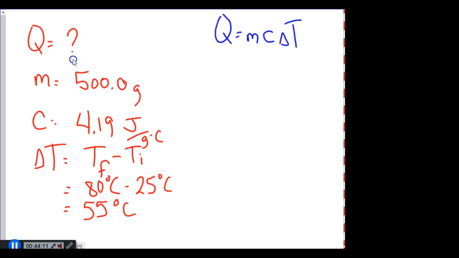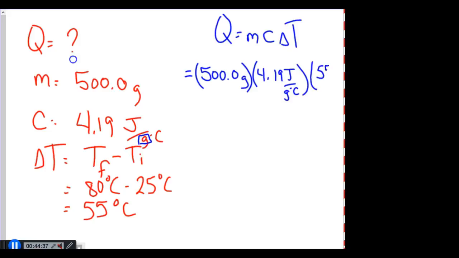The reason is that in our standard, it's in grams, not in milliliters. All right, let's do some substitution. We'll put in some numbers. All right, do some number crunching, please.